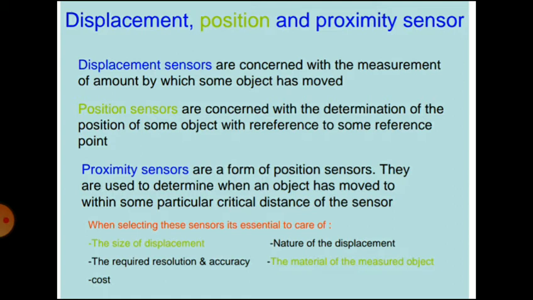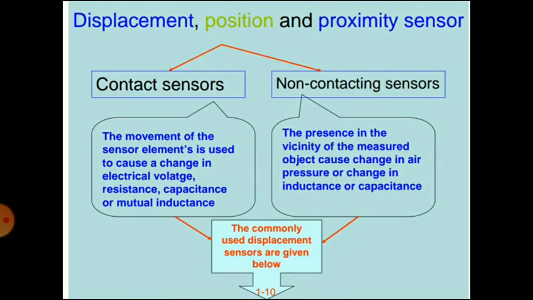So when selecting these sensors, it is essential to take care of the size of the displacement, nature of the displacement, the required resolution and accuracy, the material of the measured object and the cost. Now displacement and position sensors can be grouped into two basic types. First is contact sensors and second is non-contacting sensors.